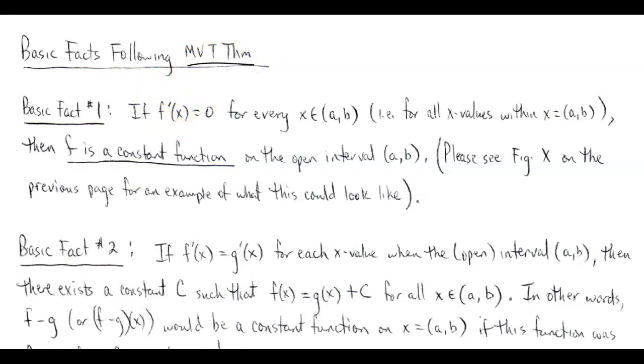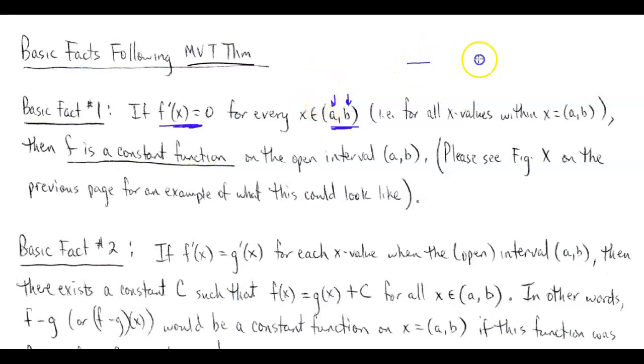So what is our first basic fact here? Well, it says that if we know that our function, when we take the derivative of it, is going to be 0 for every x value that's going to be in between x equals a and x equals b here. Of course, you'll be given what x equals a and x equals b is. Then we know that f is going to be a constant function for all those values in between x equals a and x equals b.